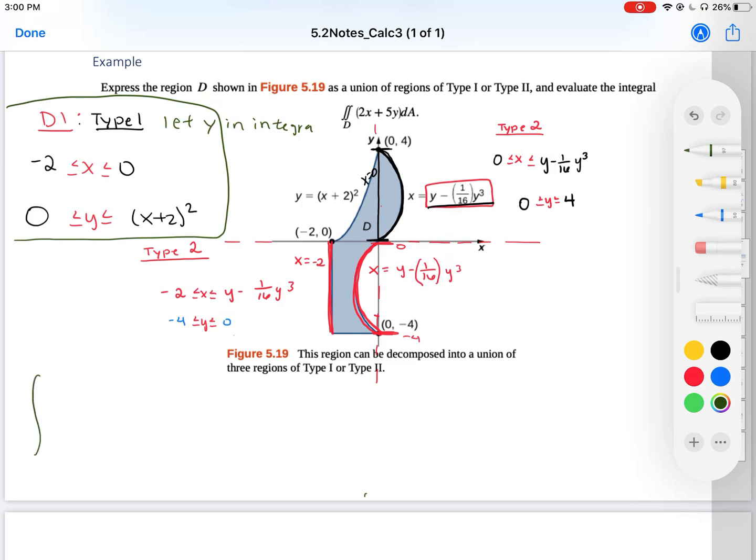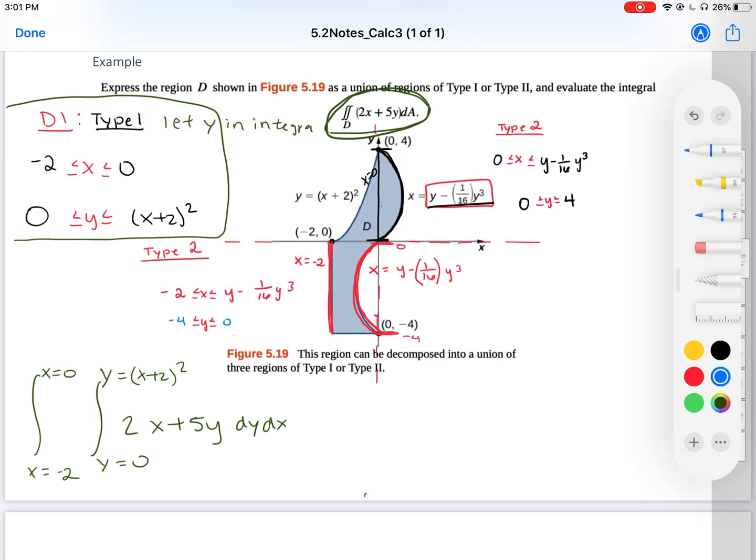So we have 2x plus 5y, and we're going to start off with y. I have y equal to (x plus 2) squared, and y equal to 0. Our x's go from 0 to negative 2, so x is equal to 0, x is equal to negative 2. We said y is first, so dy dx.